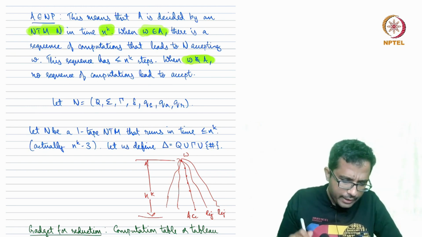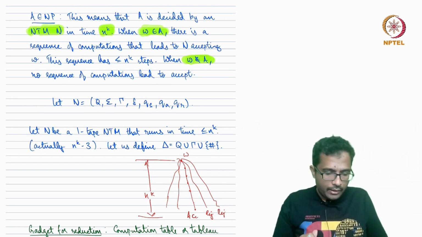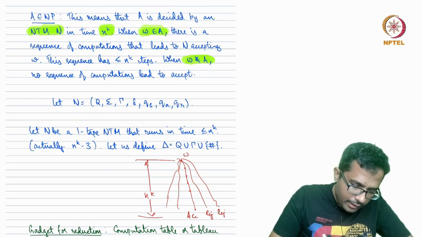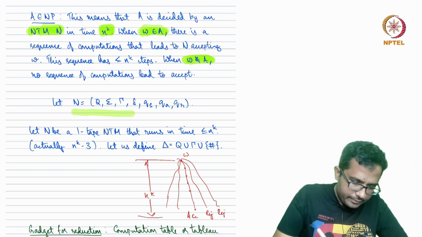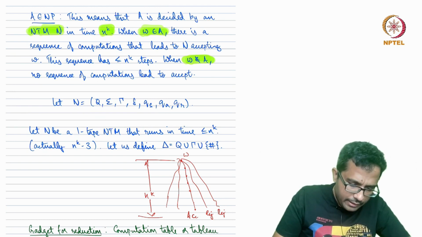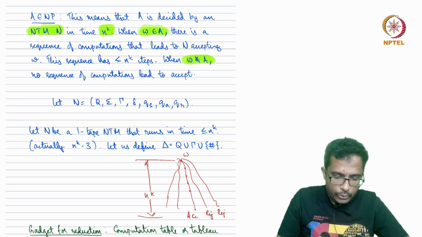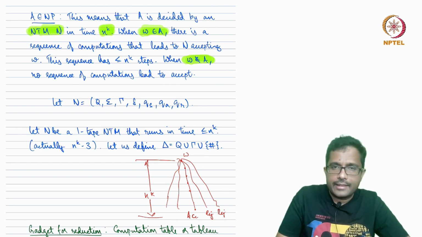So now let us define a bit more. This is what we have, and this is what we will work with. Now let us define a bit more about N. Let N be the following: Q, sigma, gamma, delta, Q start, Q accept, and Q reject. This is standard notation.